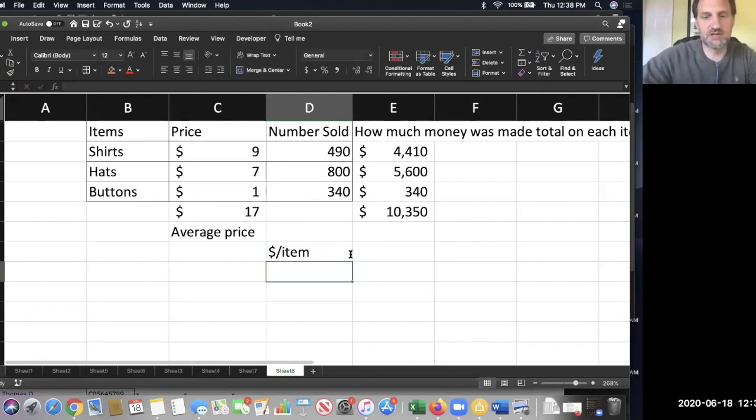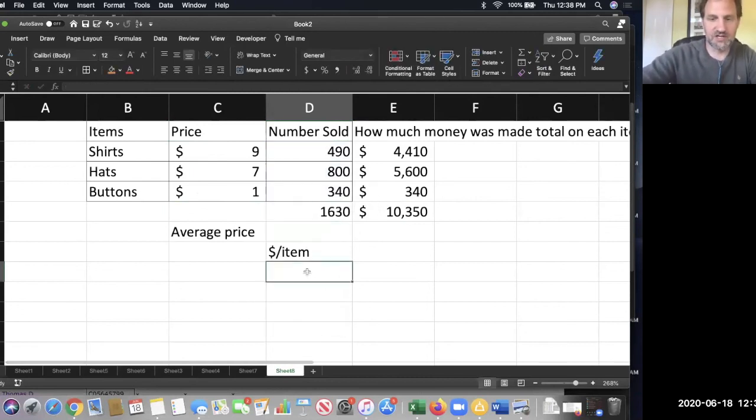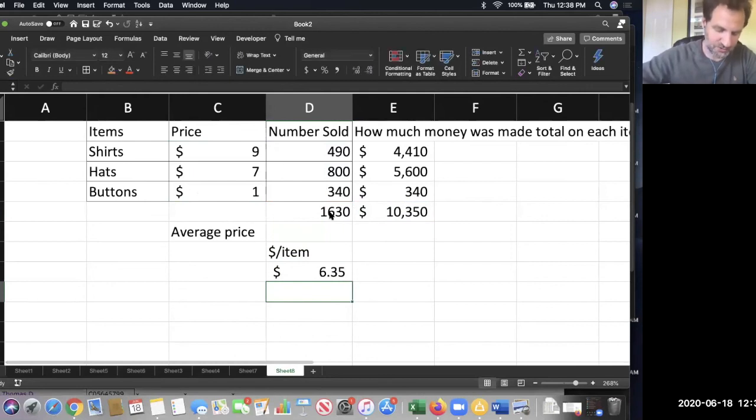So it's this number not divided by 17, but divided by how many items you sold total. So if you take the 10,350 and you divide it by the 1630, that answer should make more sense. Because it's somewhere between 1 and 9, in the middle of 1 and 9. That's what we're doing. We're finding an average. Okay.